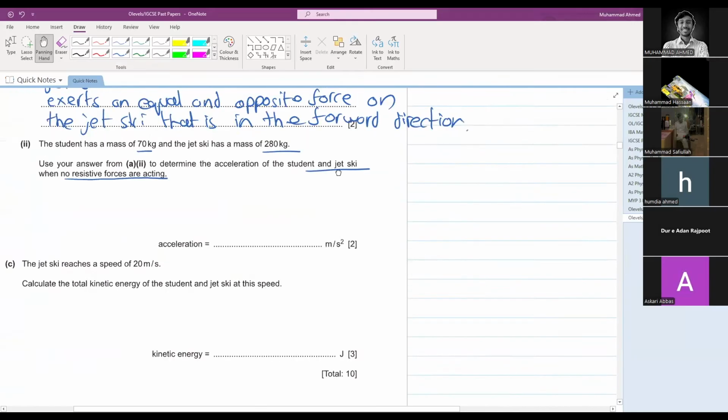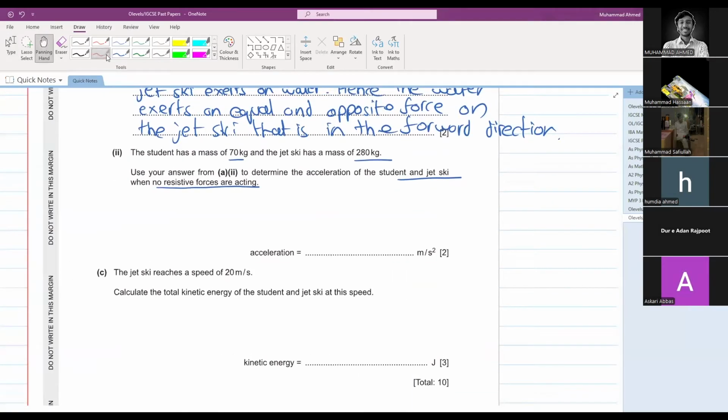Do you guys remember a simple formula? F is equals to ma. What is your force? 2700. What is your total mass? 280 plus 70. What will your acceleration come out to be? 2700 divided by 350 is equals to your acceleration.